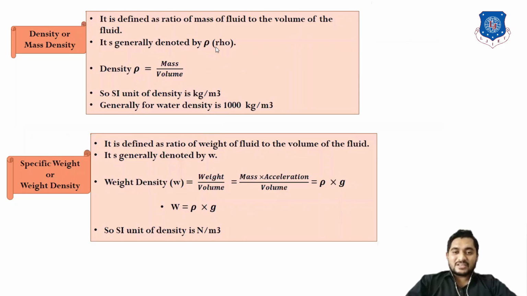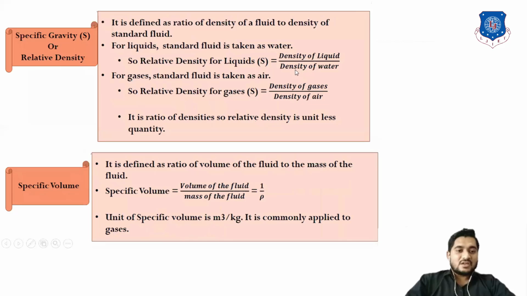Let us revise again. First one is mass density. Mass density, that means rho is equal to mass by volume. Weight density, that means w is equal to weight by volume. Next one is relative density, that means density of liquid divided by density of water for liquids, and density of gases divided by density of air for gases.